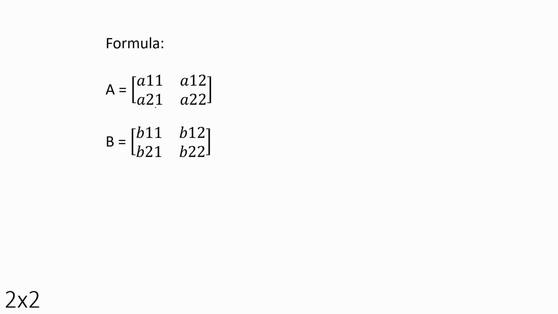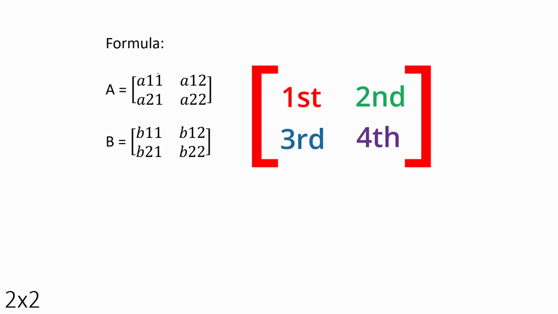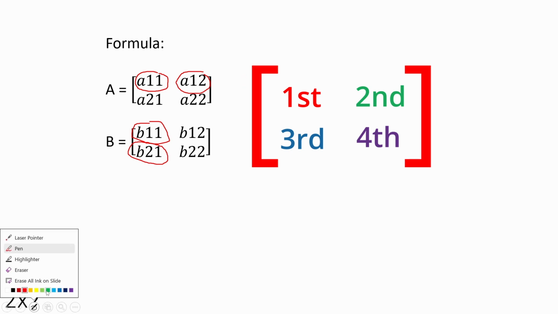For example, we have a 2 by 2 matrix A and B. To multiply these two matrices, just see what I am doing right here. First, I multiply this element with this element, and next, multiply this element and this element. Easy, right? And then again, multiply this element with this element and this element with this element.